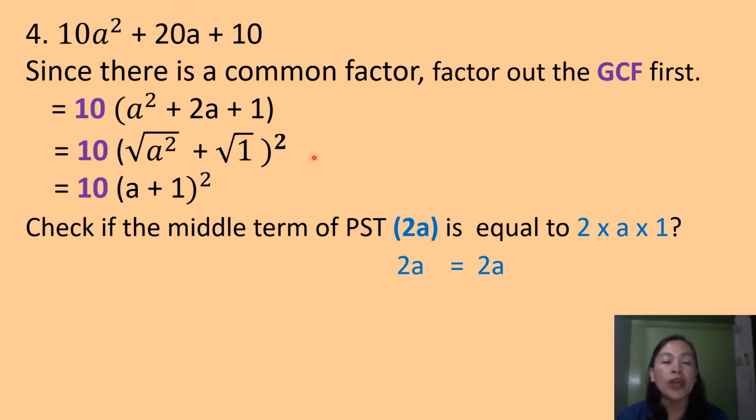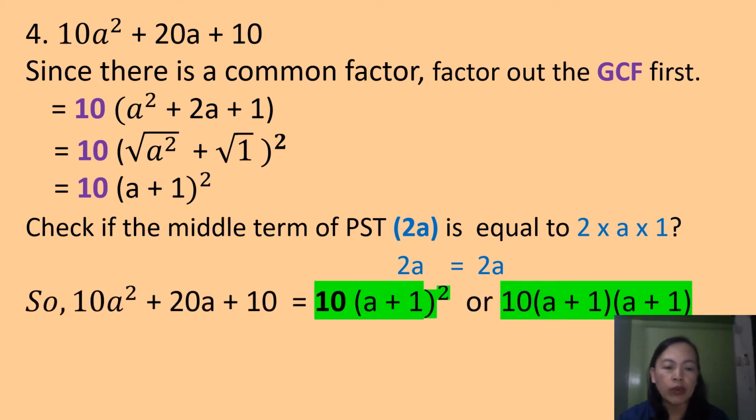So, 2a is the middle term, not 20a, ha? 2a is equal to twice the product of the square root of the first term, a, times the square root of the last term, which is 1. So 2 times a times 1 is equal to 2a, which is equal to 2a from the middle term here. Okay? So that will confirm our previous solution here.